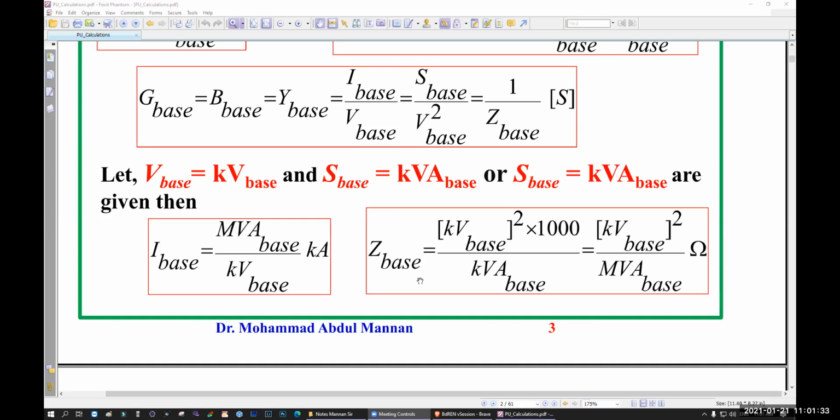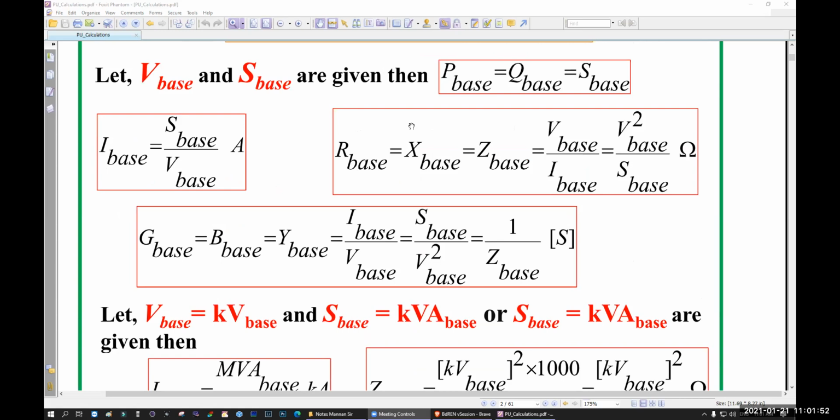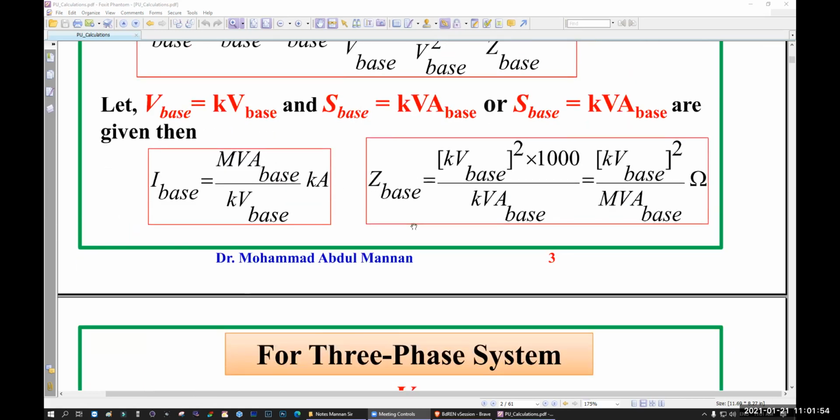Z means impedance. Impedance means V squared by P or V squared by S. I know the concept of Ohm's law, everything comes from Ohm's law. So memorize the concept, not the formulas, because if you memorize the formula, I'm 100% sure you will forget this after 4 months.